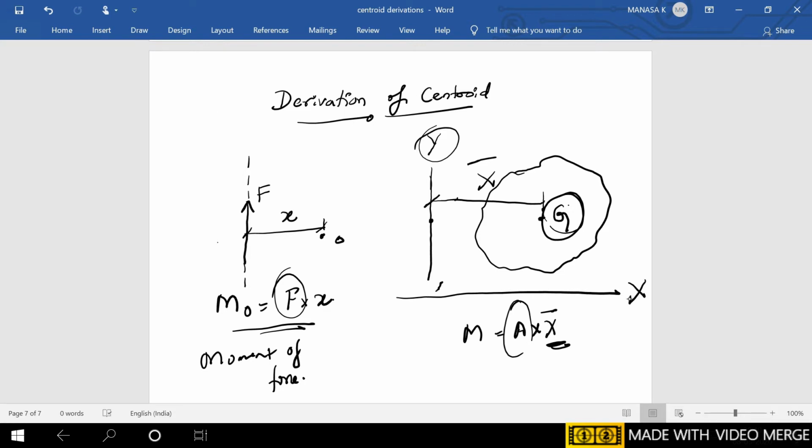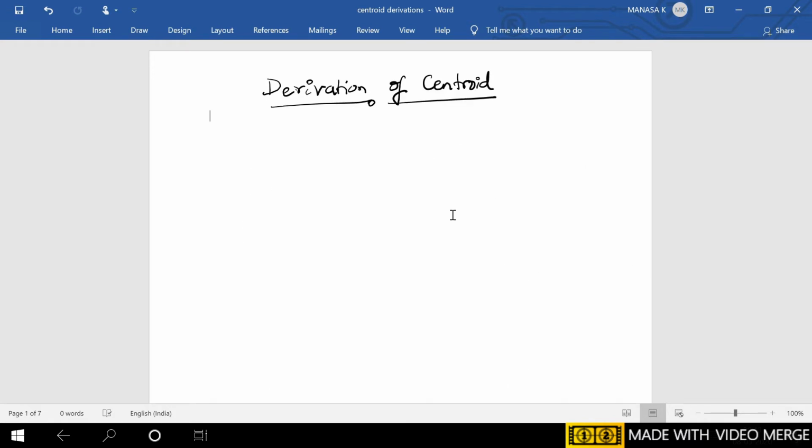So if it is axis of reference x, the same centroid is having a perpendicular distance of y bar from the x reference axis, which will give me the moment of area, that is area into y bar. So the determination of centroid is by the method of moments or method of integration or first principle of moment. So to understand the first principle of moment, we require a diagram which has a lamina.